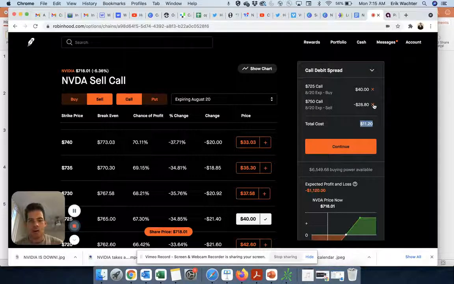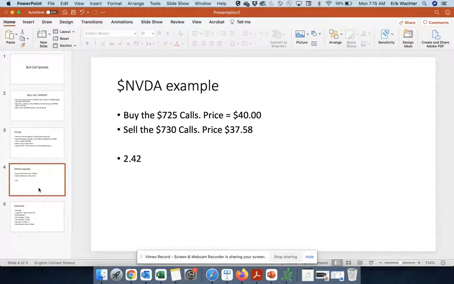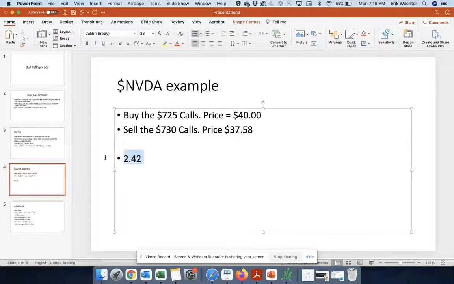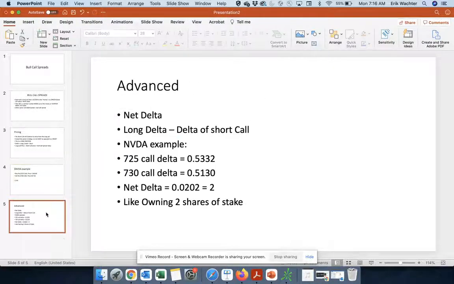Let me go back to our little slideshow. We talked about this example right here. We bought the 725 call for 40, sold the 730 call for $37.58, net debit of $2.42. But going back, let's talk about delta.